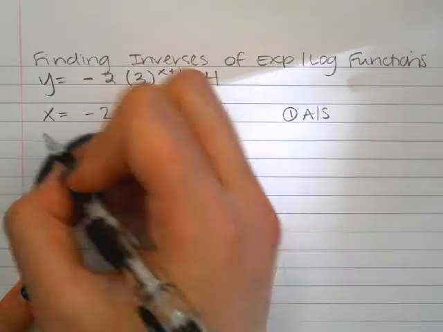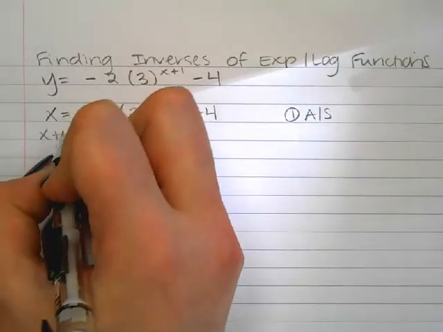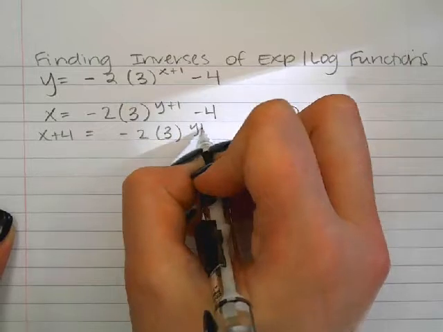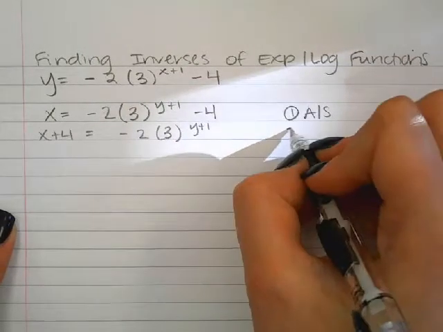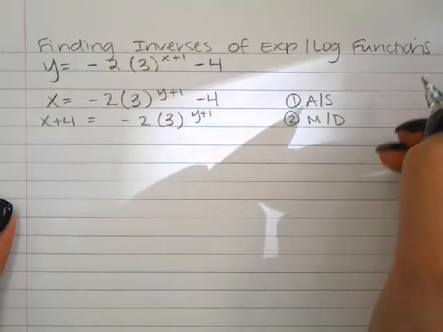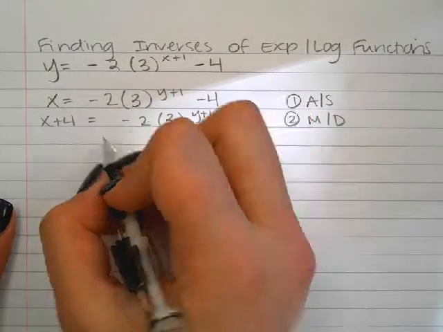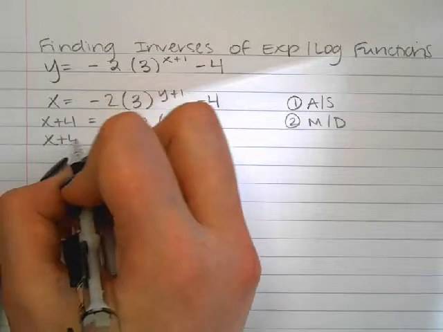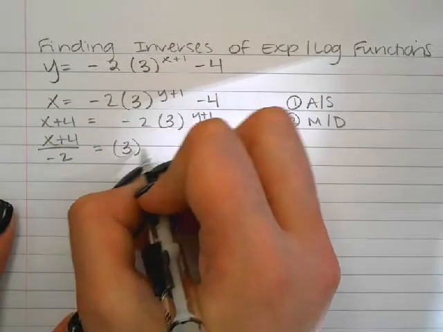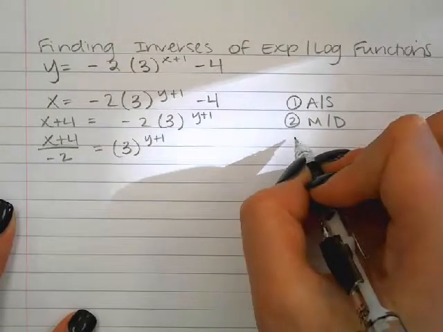So I can go ahead and add the 4 over. Next, I'm going to look for things that I can multiply or divide to the other side. I can go ahead and divide both sides by -2. So x plus 4 divided by -2.